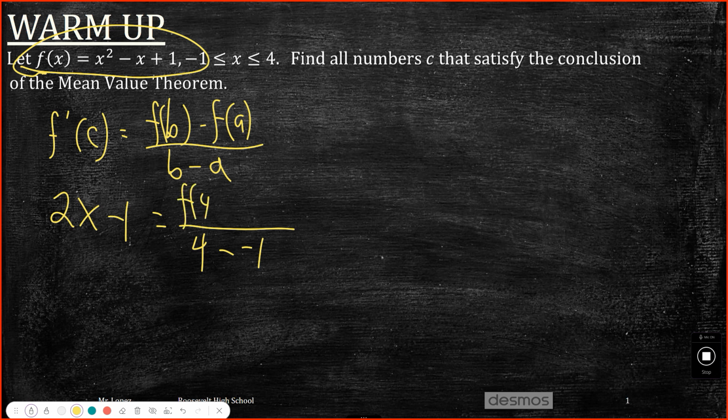f of 4 minus f of -1. f of 4 is what? 16 minus 4 is 12. So this is going to be 12 minus f of -1, which is 1.